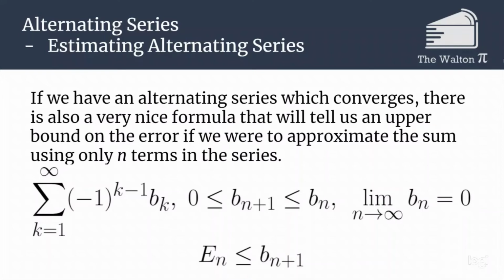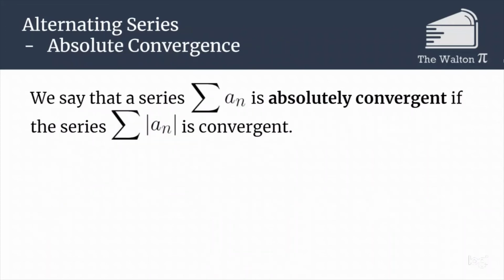We are adding and subtracting terms each time, but the amount we are adding and subtracting decreases each time, so we are never going to be able to get a sum that's bigger than just the next term that we are adding or subtracting. That is as far away as possible for us to be from our final end result. So that's why b sub n plus 1 is an upper bound on our error in calculating the sum using only the first n terms in the series.